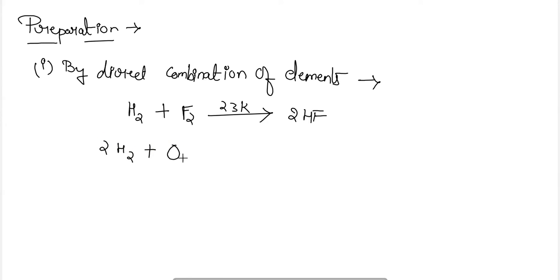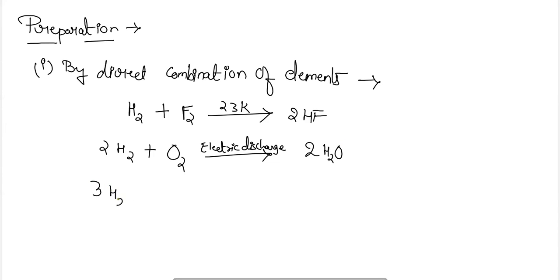When hydrogen is combined with oxygen in the presence of an electric discharge, 2H2O is formed, that is, water is formed.